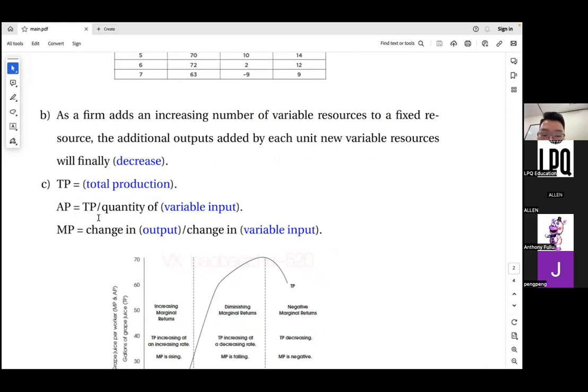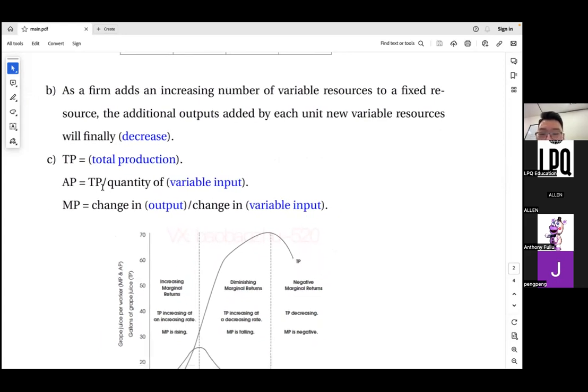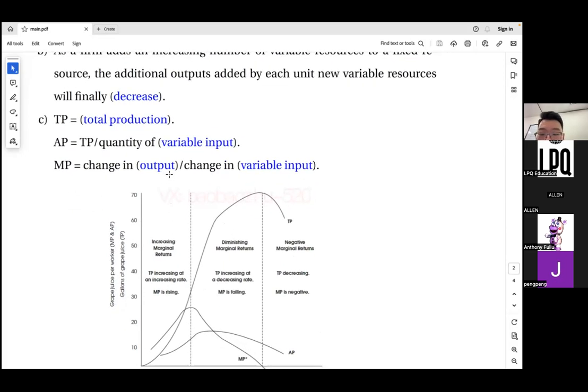So AP equals TP divided by quantity of a variable input. MP is the additional output you can produce by hiring just one more unit of labor.